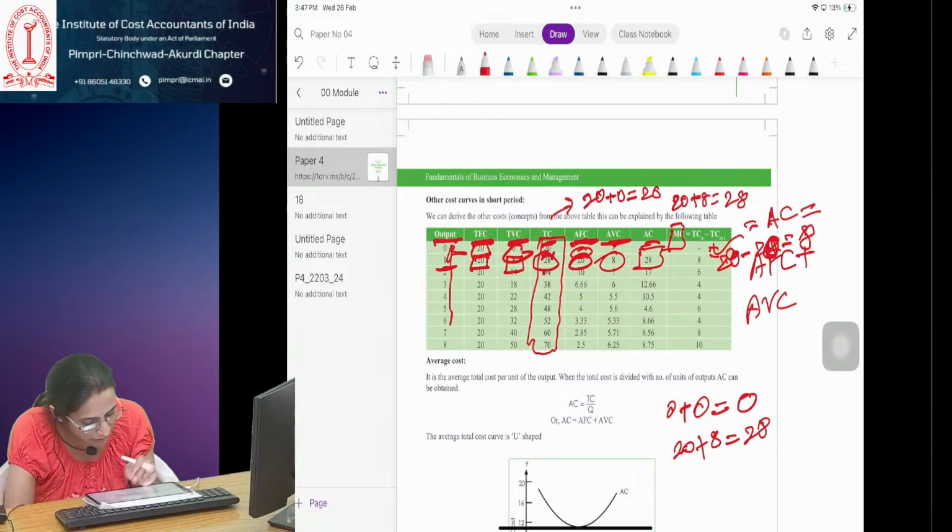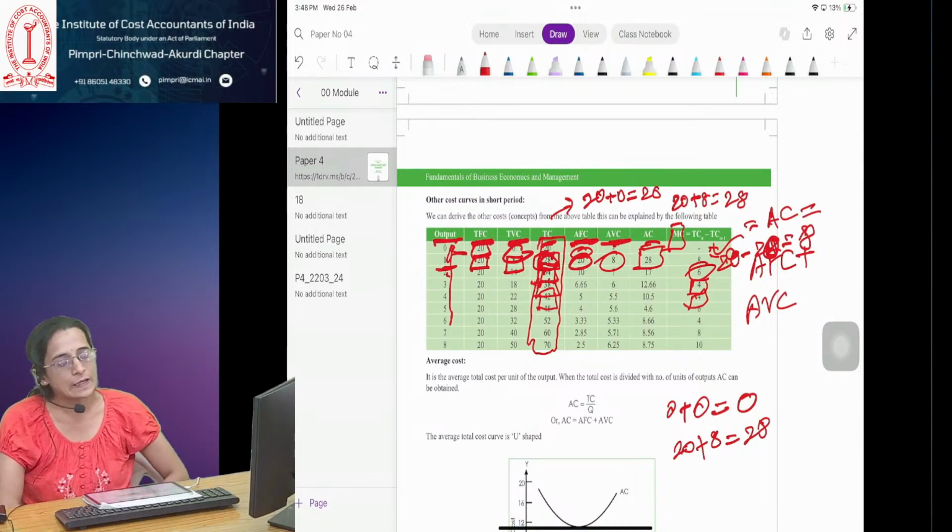What is this? 34, na? 34 minus 28 will give you 6. 38 minus 34 will give you 4. 42 minus 38 will again give you 4. So you got how we will derive the total cost, average cost and the marginal cost by this table. Clear? We'll move forward.